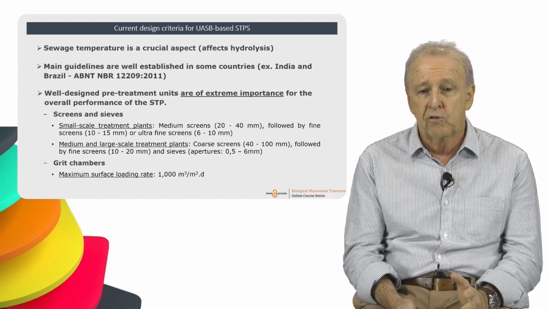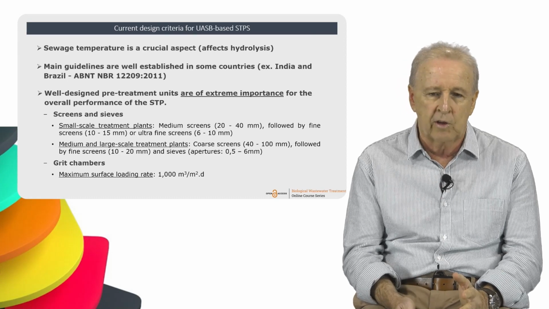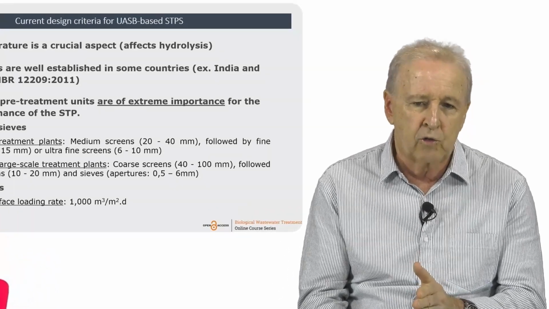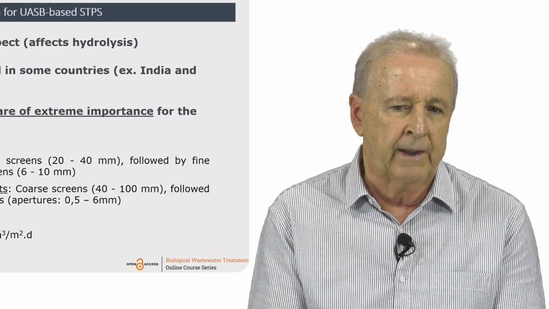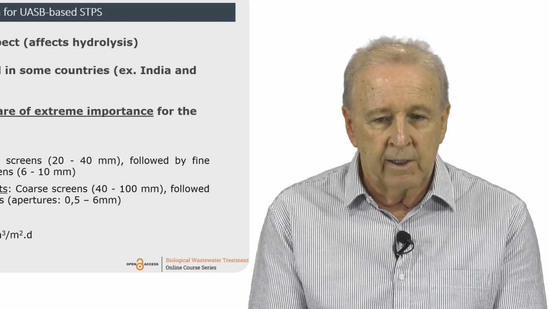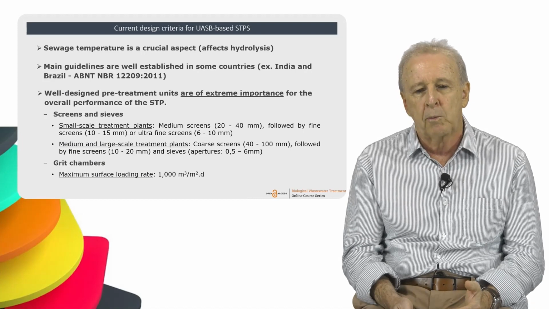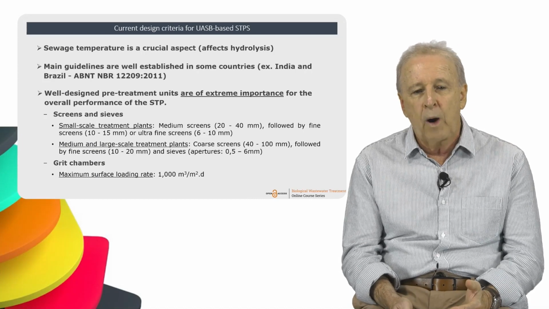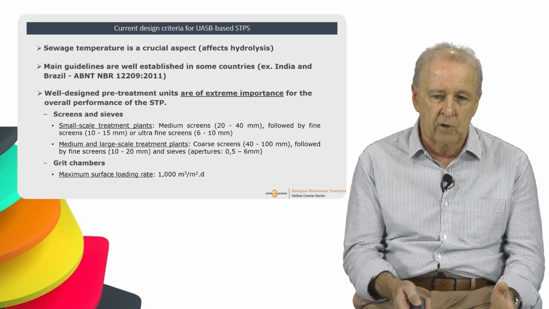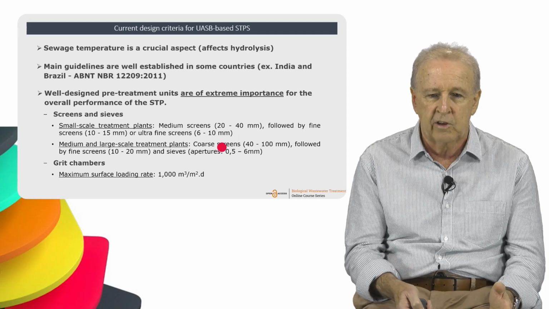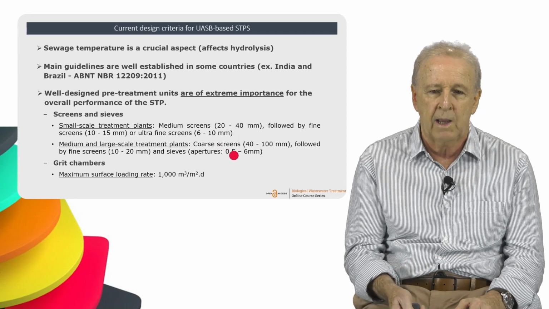So it's very important to get rid of the solids before the wastewater goes inside the anaerobic unit. And if it goes inside, it can also provoke problems regarding the quality of the sludge, because these solids will take part of the sludge that will be withdrawn from time to time.